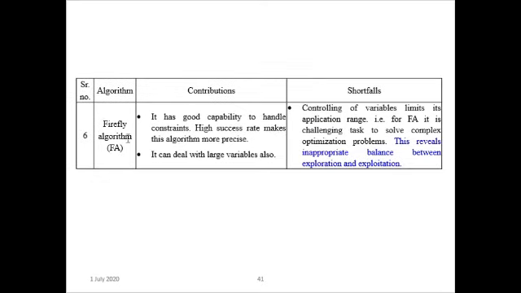For the Firefly algorithm, it has a good capability to handle constraints. High success rates make the algorithm more precise. Also, it can deal with a large number of variables, but the controlling of the variables limits its application, and that is because of again the improper balance between exploration and exploitation.